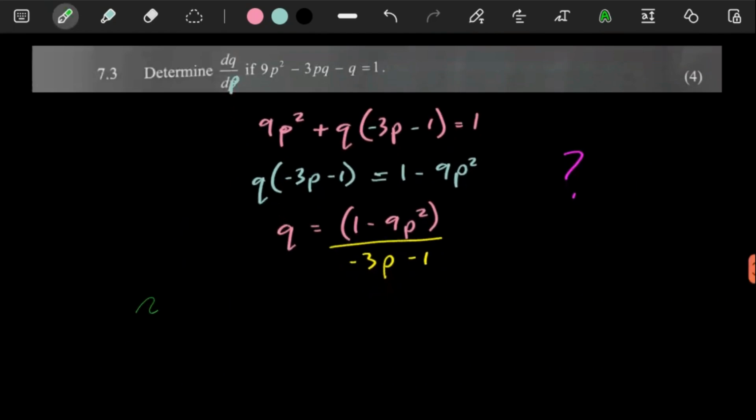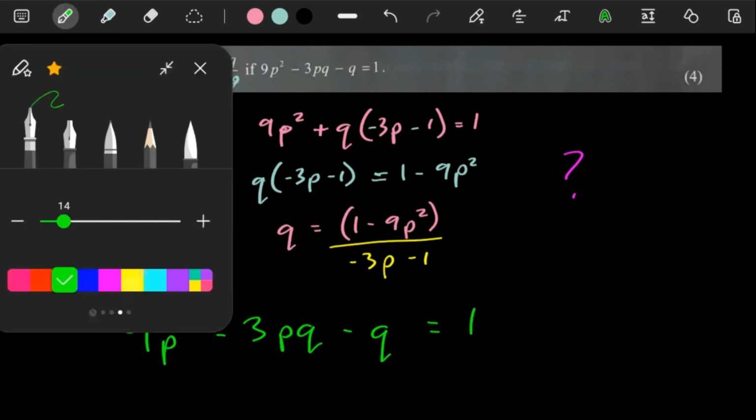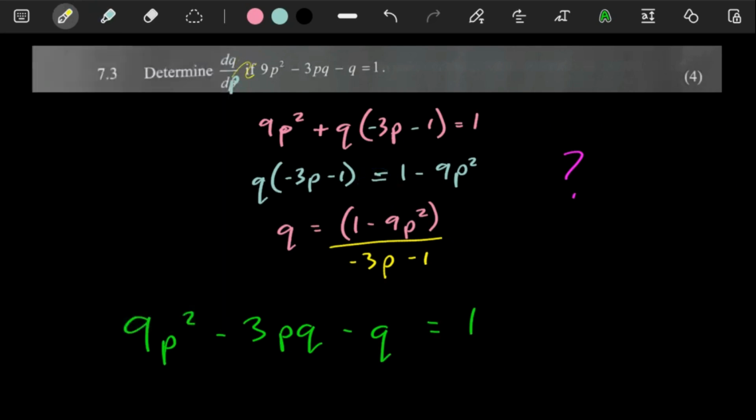So when you see that you have here 9p squared minus 3pq, then you have minus q here equal to 1. The idea is, every time that you see something like this, you have 2 variables, and you need to differentiate, you need to get dq over dp.